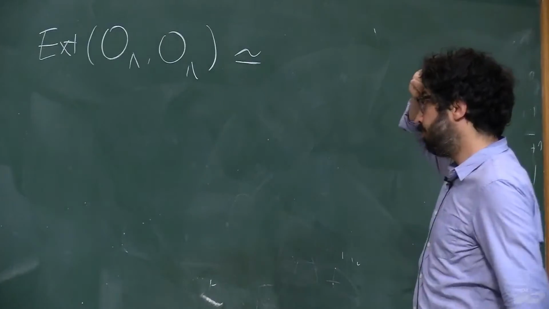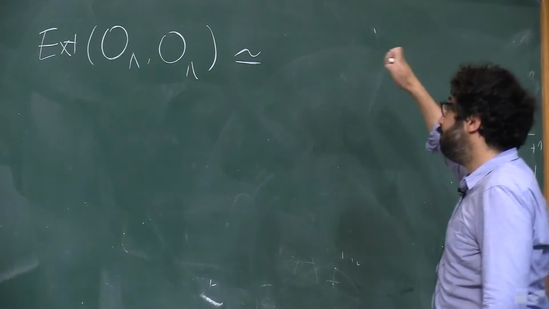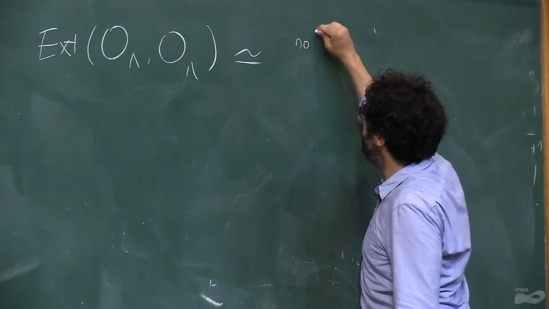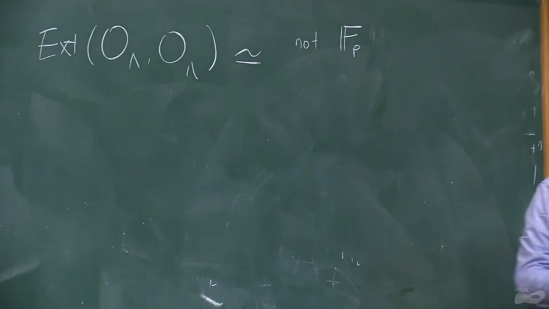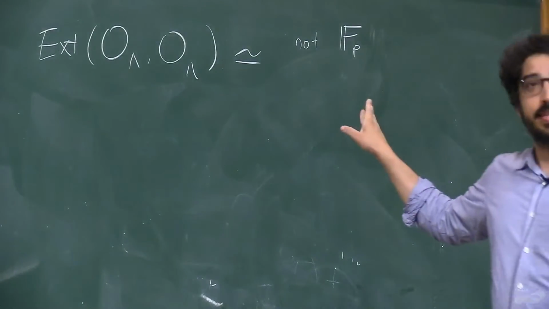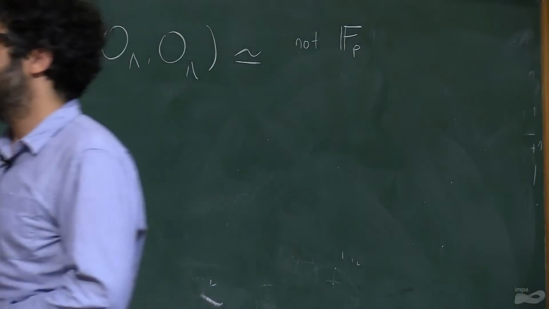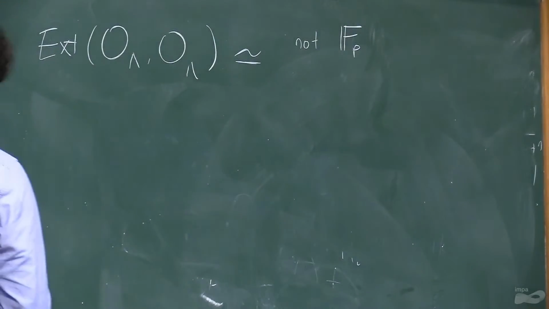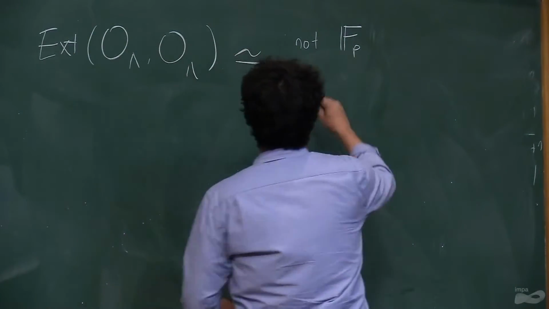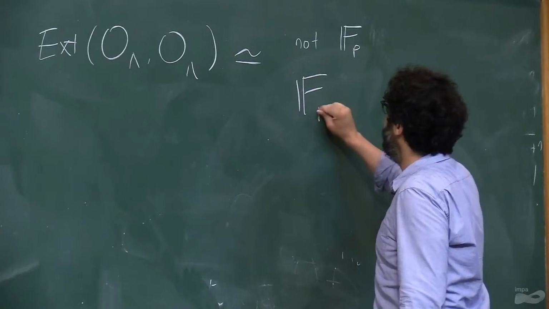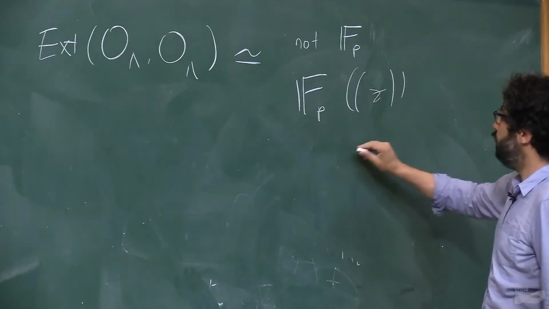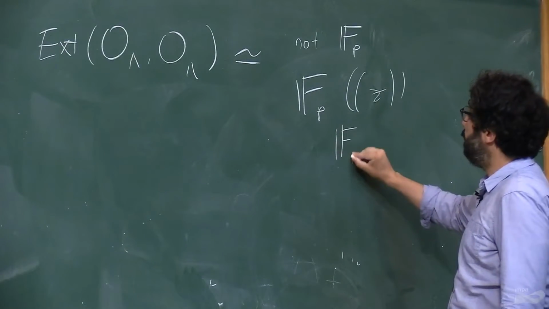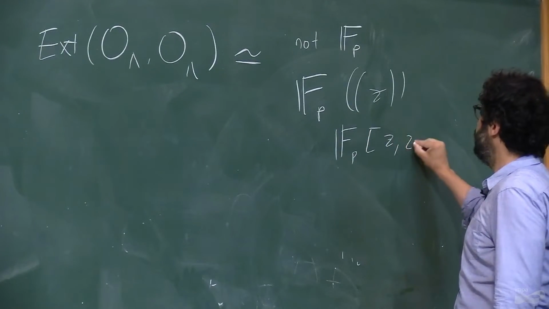for this curve, what I get is not F_p. Remember, we did this computation and we got F_p, right? So everything works except this particular cohomology group so far. And what is it? It's more like F_p adjoin z, or maybe F_p z inverse.